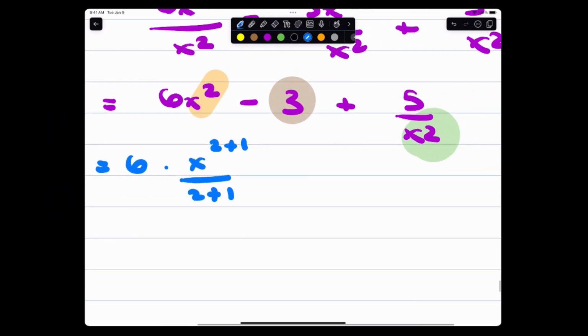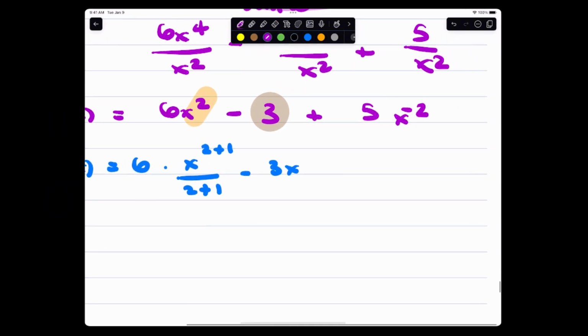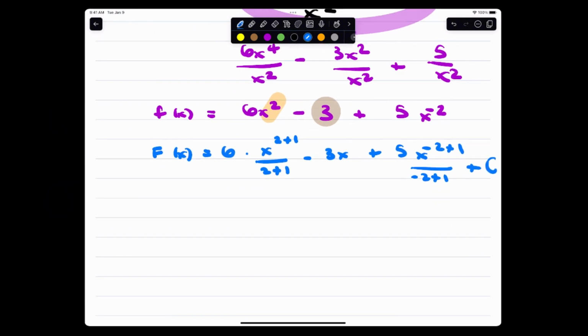Is that right? The antiderivative of 3, isn't that 3x? And then here, you might say, can I write this as 5 x to the minus 2 here? Is that right? And I'll say yes. So that's 5x to the negative 2 plus 1 by the power rule. And I'm finishing off with a constant.